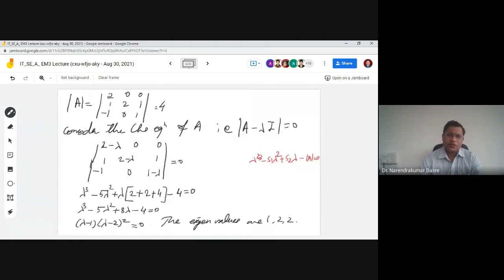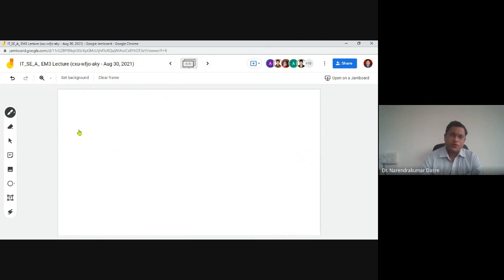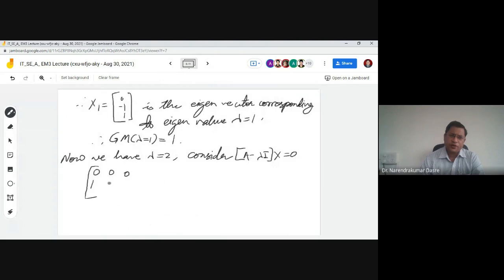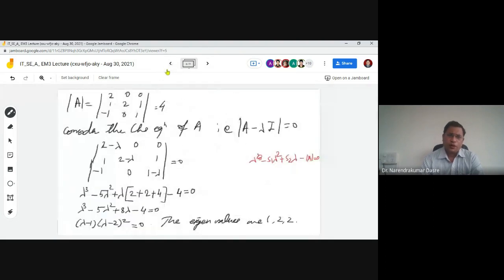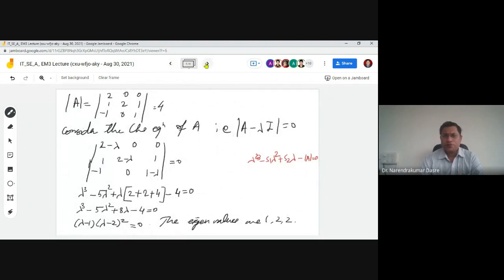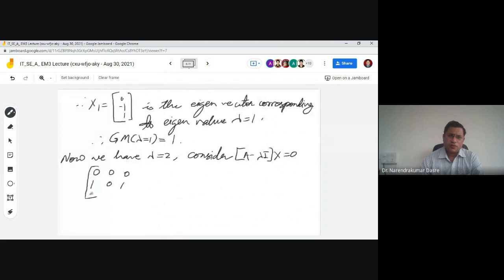This will be 0, 0, 0, no? Now we'll consider the second, so it will be 1, 0, 1. And for the last, it is minus 1, 0, and so it is minus 1.